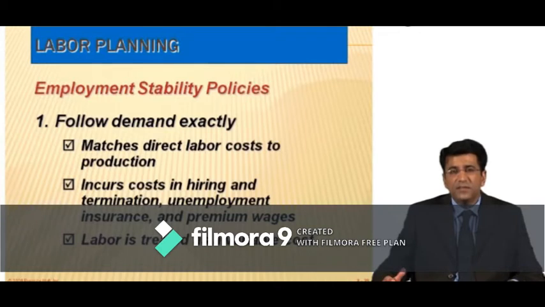Hiring expenses, again, because if your organization has more demand, then you'll have to hire employees in order to meet that demand, and again there may be more hiring cost. So in this approach, labor is treated as a variable cost because your employment level will vary with respect to the particular demand in the organization.